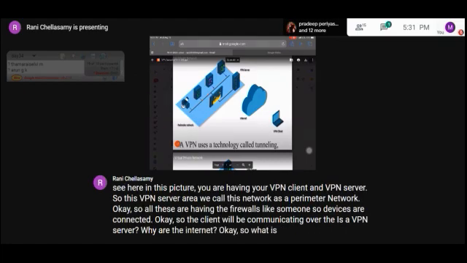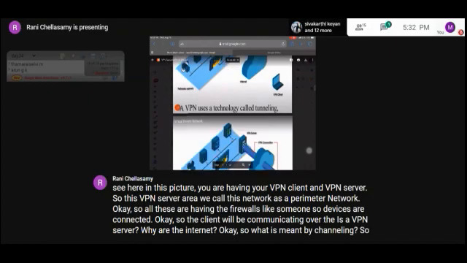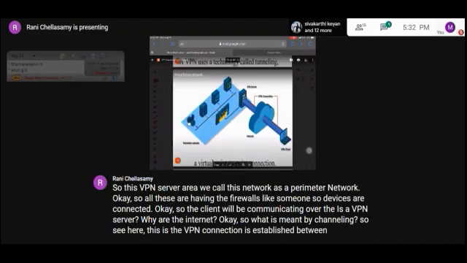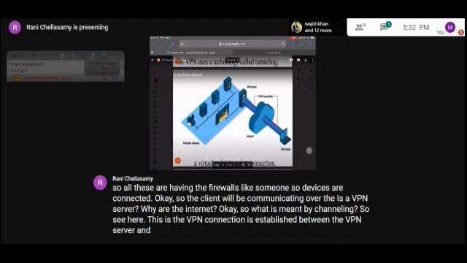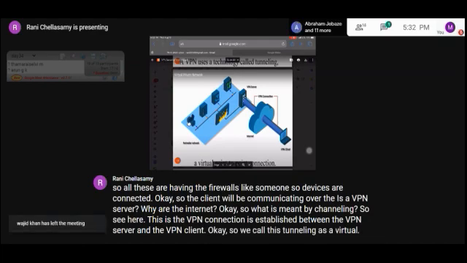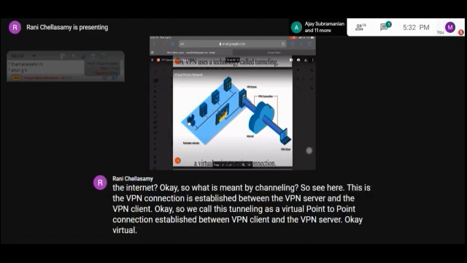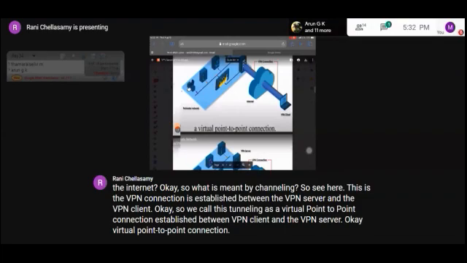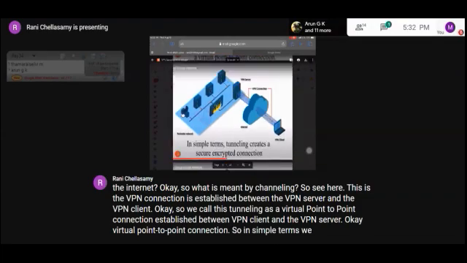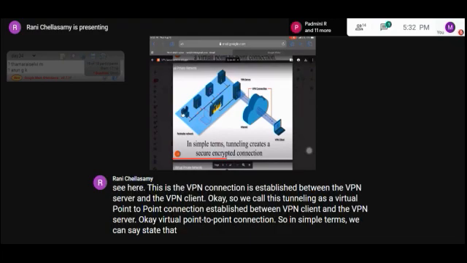Okay. So what is meant by tunneling? See here, this VPN connection is established between the VPN server and the VPN client. We call this tunneling a virtual point-to-point connection. It's established between the VPN client and the VPN server. Virtual point-to-point connection. In simple terms, we can state that tunneling will create a secure encrypted connection.